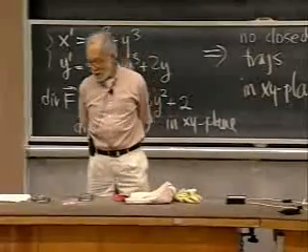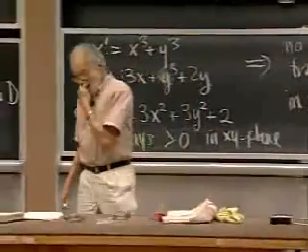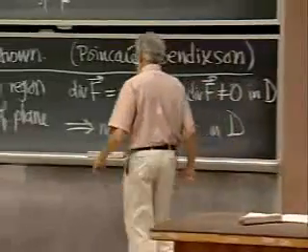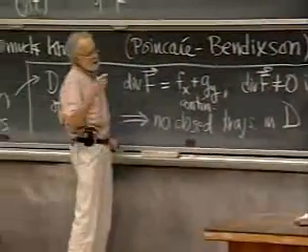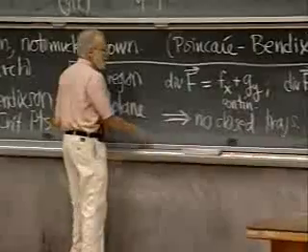Okay, so let me see if I can give you some of the argument for the other. Well, let's at least state the other criterion I wanted to give you.